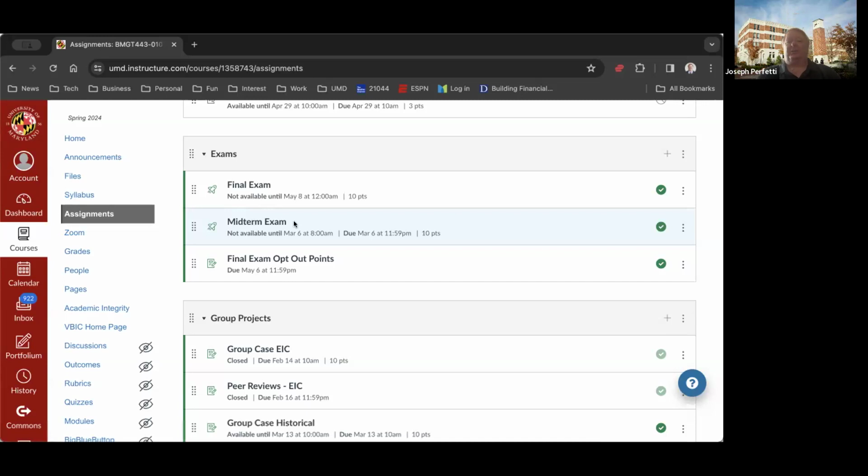Now, there'll also be another ability to take this exam, and it'll be called the alternative midterm exam. The only people that will have access to that will be people that have a prearranged reason to take it with me, either an ADS accommodation and/or a travel arrangement where they couldn't take it during the class time, and I told them that they could take the exam at a different time that day.